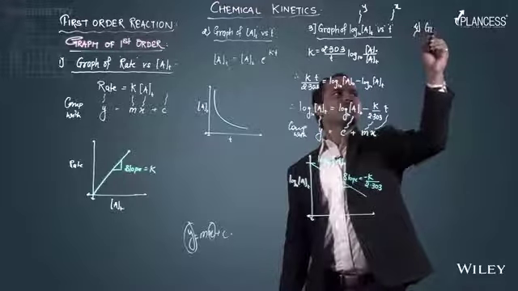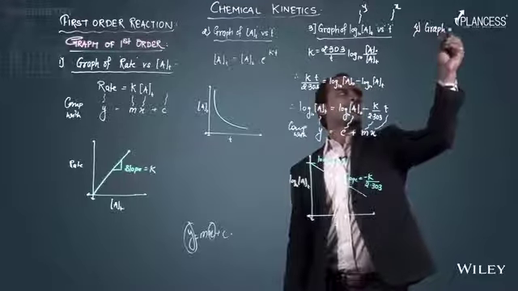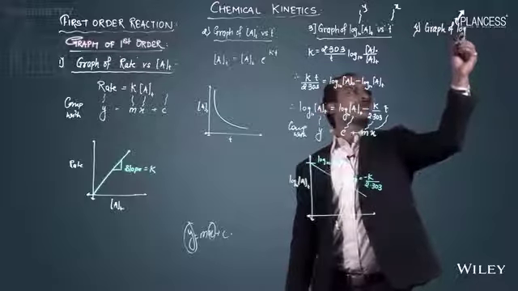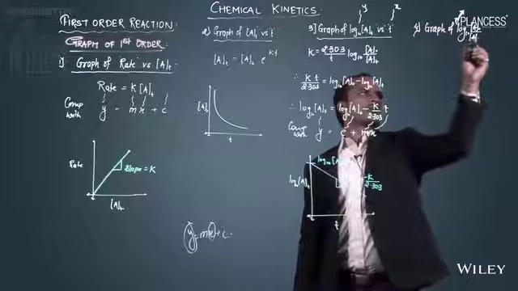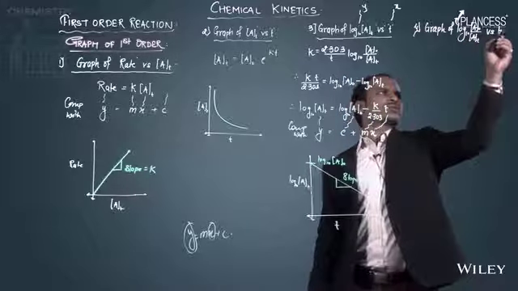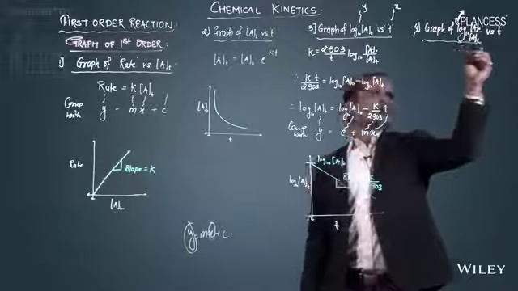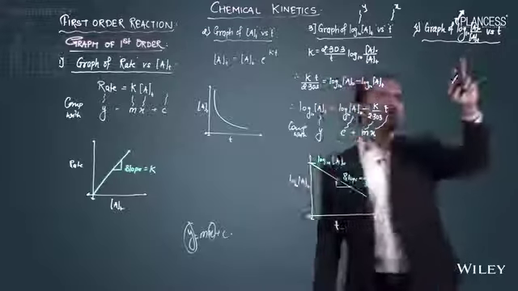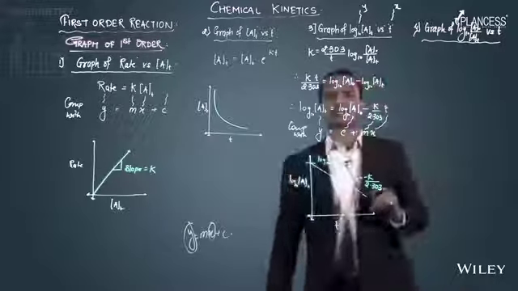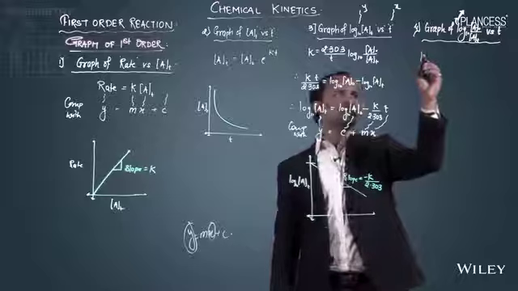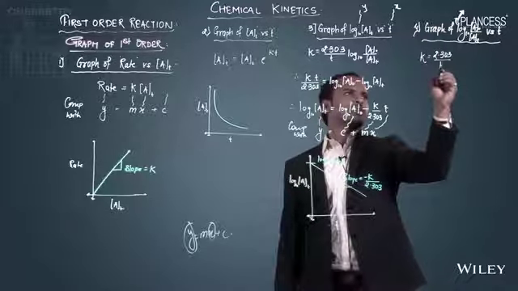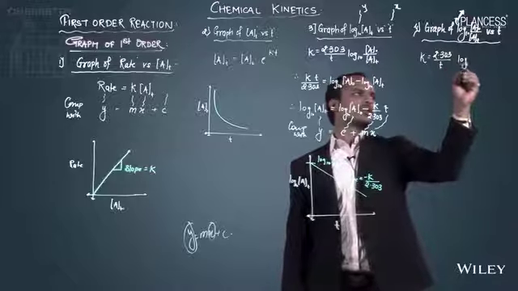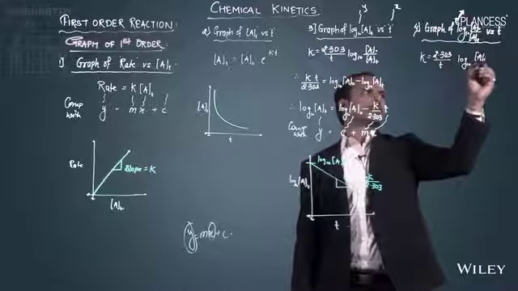that is the graph of log to the base 10 a naught upon at versus time. Again, these two are present in the same formula, that is k is equal to 2.303 upon t. So we have a formula which relates both the terms, that is k upon 2.303 log to the base 10 a naught upon at.